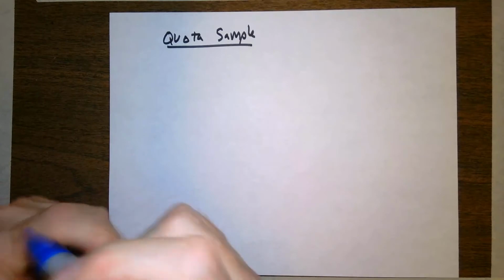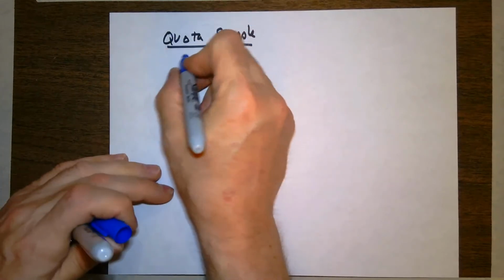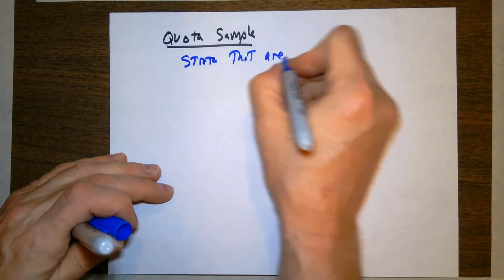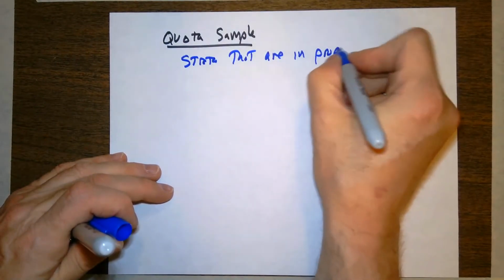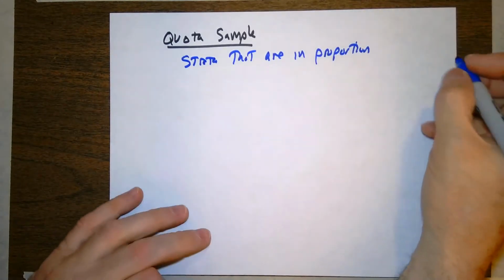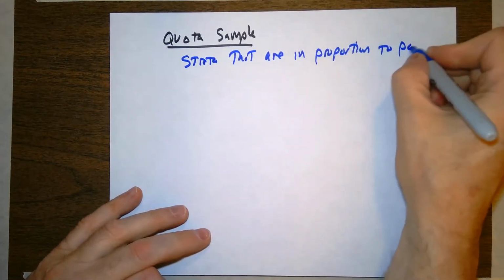So in quota, we have to have strata that are in proportion to the population.